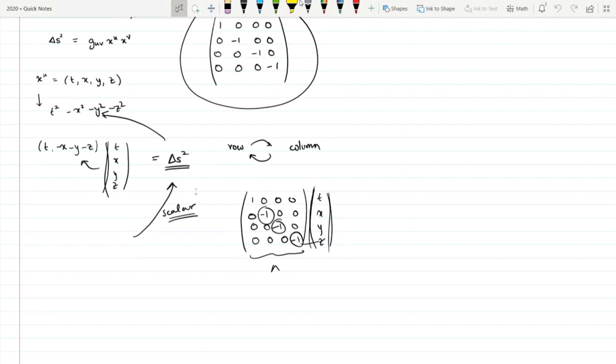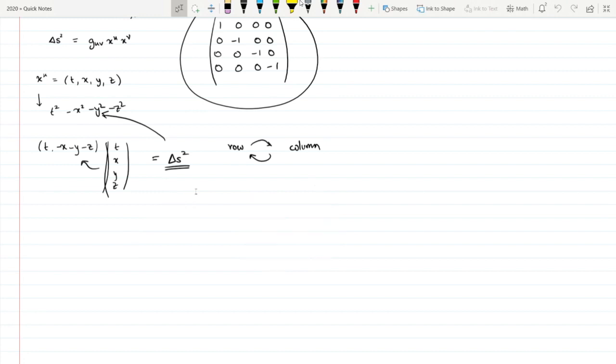Okay. So mathematically, you'll see this in all of your textbooks, and it's called raising and lowering. In relativity, the language for going from row to column is raising and lowering. So the notation is as follows. If you wanted to have a row vector, now in your head you must remember the time component stays the same.